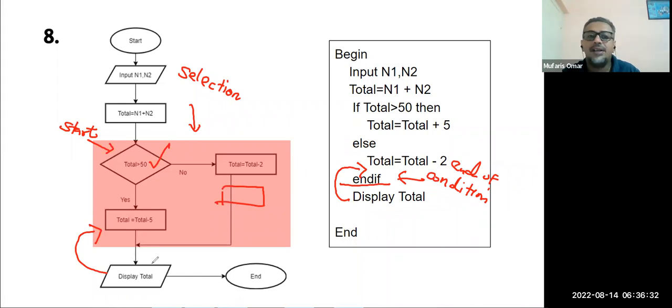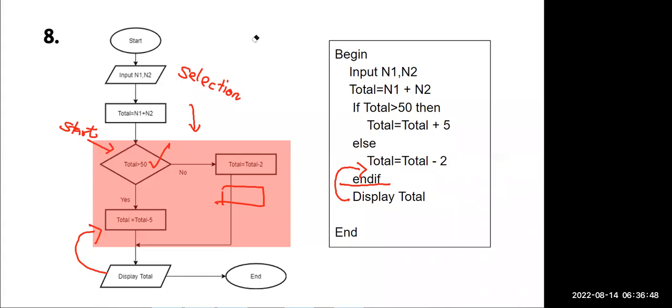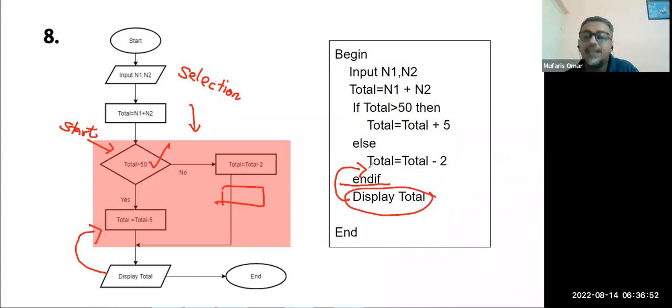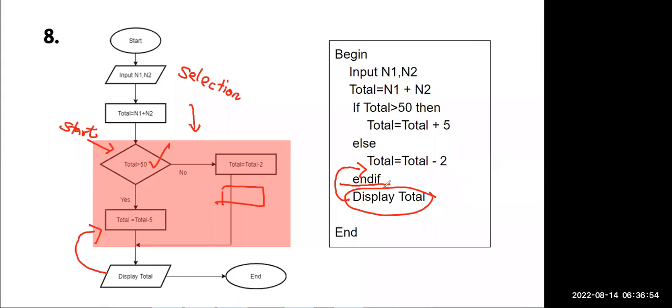Regardless of the condition, whether it's true or false, you want to display the total. So now tell me, Mayada, can you write this statement inside here? What happens if you write it after this?